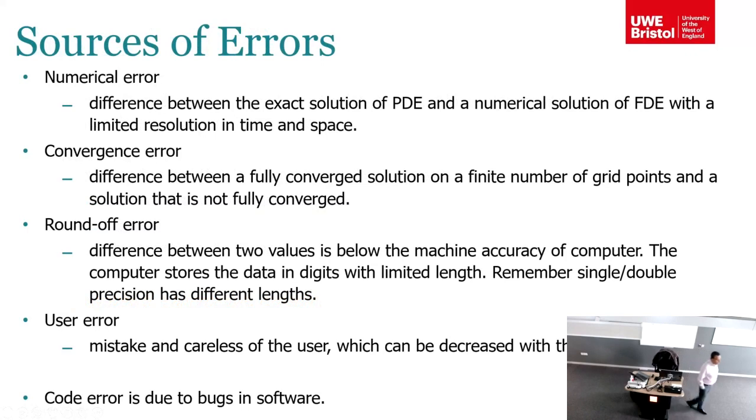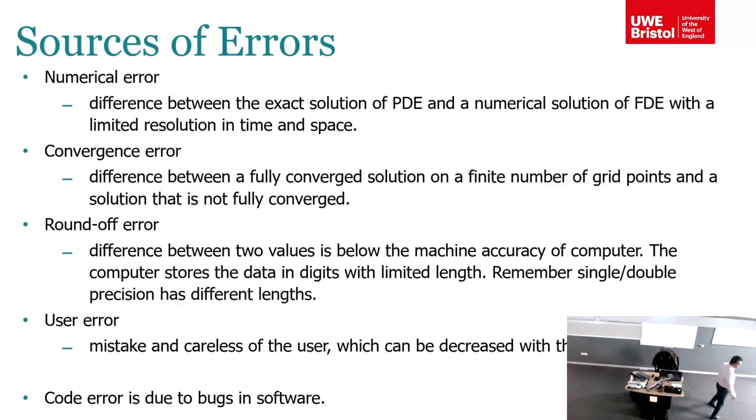If you go further into these errors, there are numerical errors, that is the difference between the exact solution of the partial differential equation and the numerical solution of the finite difference equation. Then convergence errors, that is the difference between a fully converged solution and the solution that you have taken. Round-off error is due to the number of decimal places in a number.